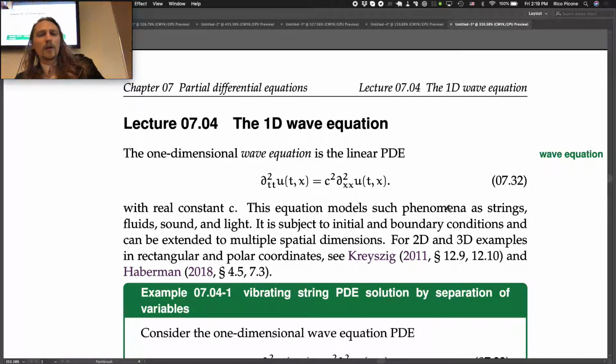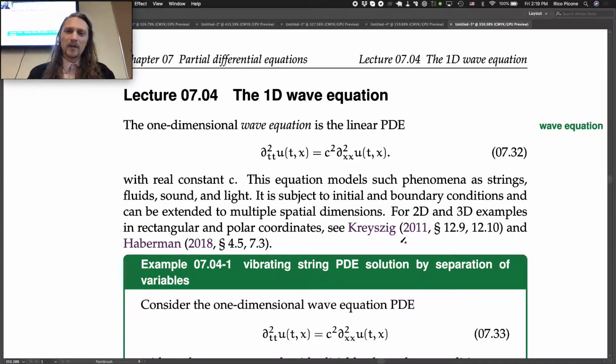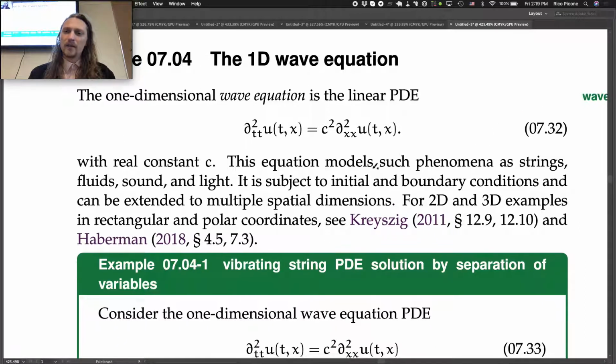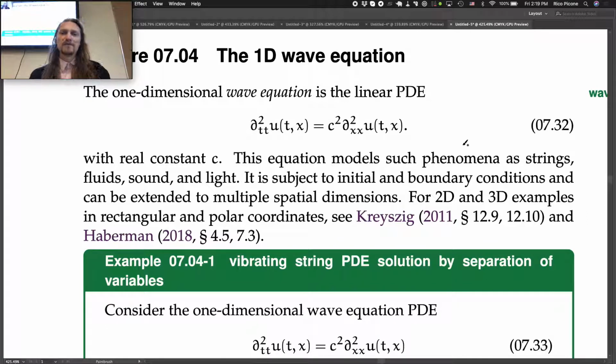Lecture 7.4 then, the 1D wave equation. So the one-dimensional wave equation is the linear PDE given in 7.32, where we have something similar to the diffusion equation, or the heat equation as it's sometimes called, that we did last time.